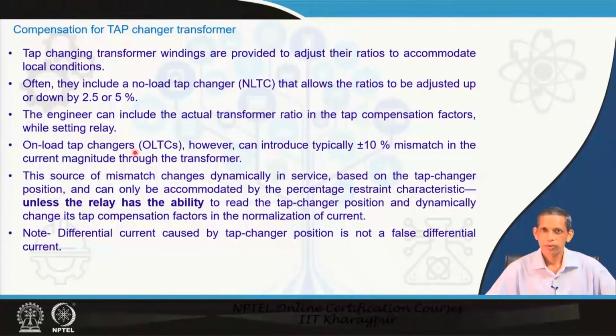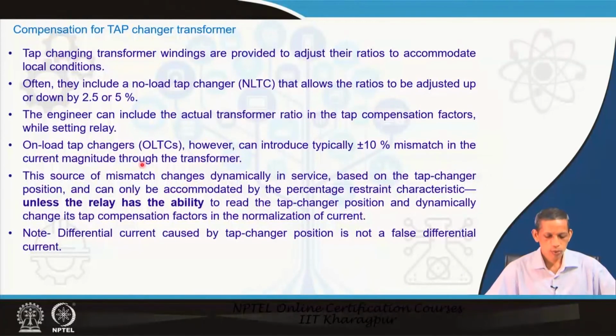Now, the numerical relay today has the ability to adapt to the situations, calculate the corresponding tap changing situation and adjust the corresponding normalized calculation, including the CT ratio, and it can lead to minimization of the corresponding spill current in the system.